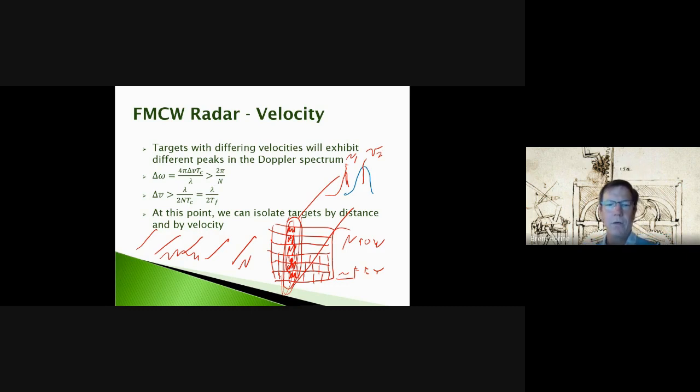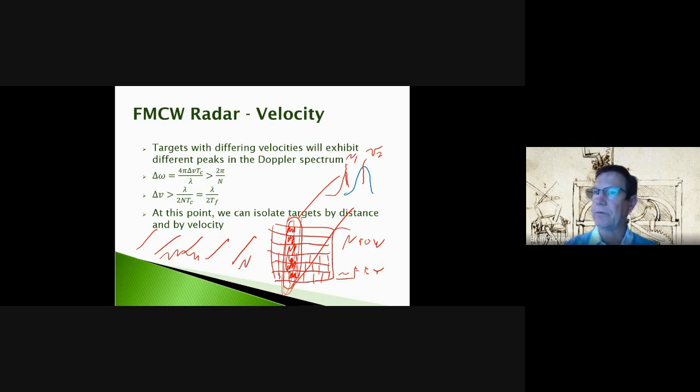So what we did is we started looking at phase between two successive pulses, and from that we learned how to determine velocity. But then we realized that to track multiple targets, we need to separate them out again to gain resolution.